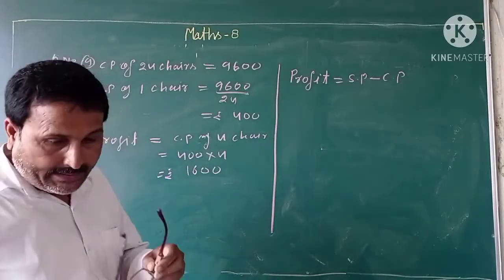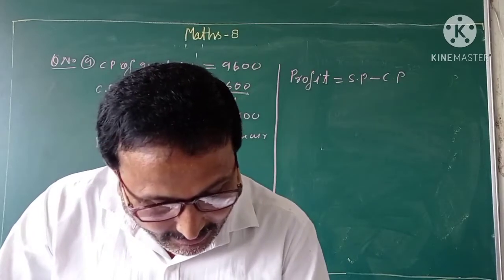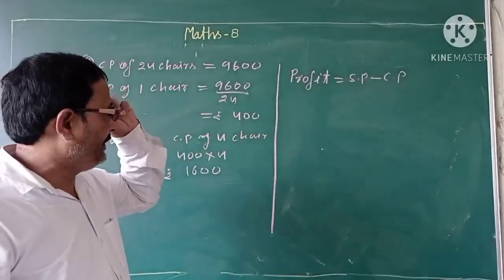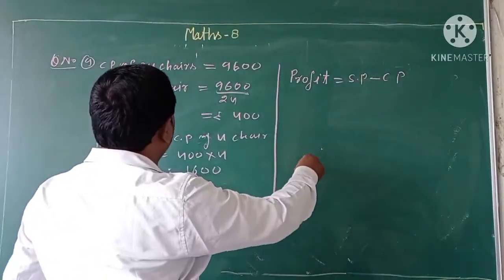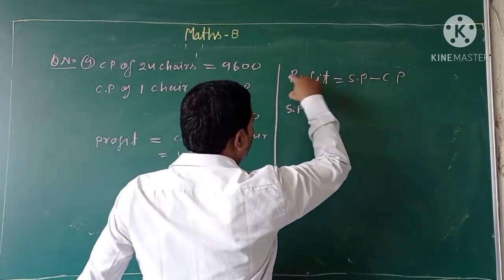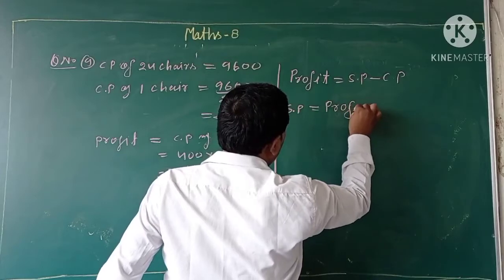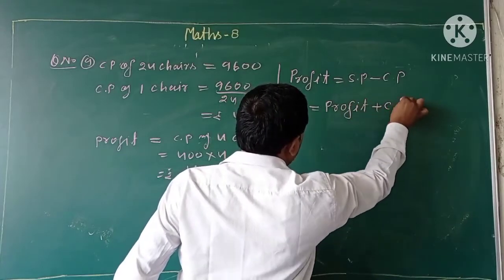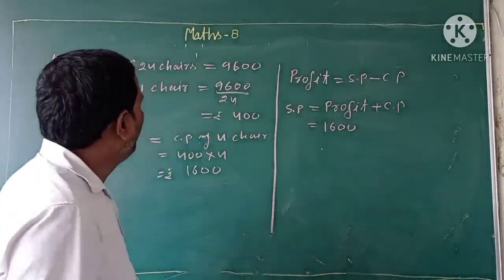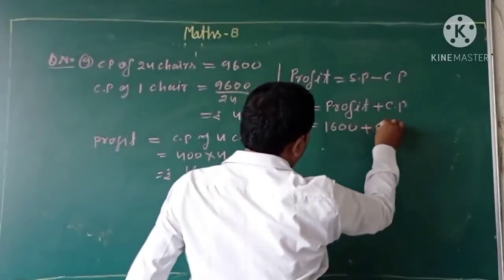What is given? What is the question asking? Find the SP of one chair. Then SP is equal to profit plus CP. Profit is 1,600 and CP of 24 chairs is already given, 9,600.